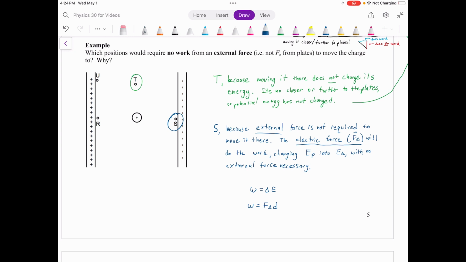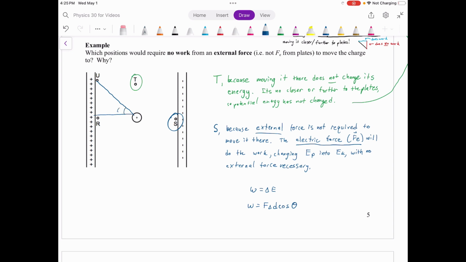Okay, and you might remember from Physics 20, this connects back into what we've been talking about. It's really the amount of force that was parallel to the displacement it moved through. And that connects back in here, because if we were to move it to here, the only part of the force that we're pushing on it with that's actually doing work, that's actually changing the energy, is the part that's parallel to this displacement.